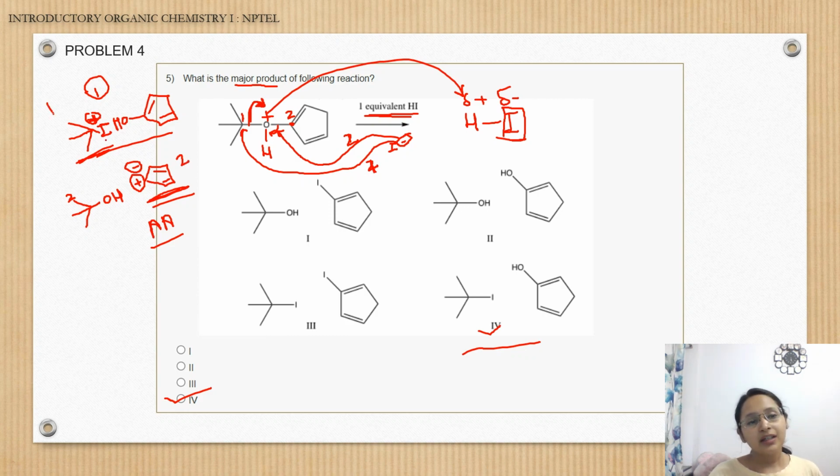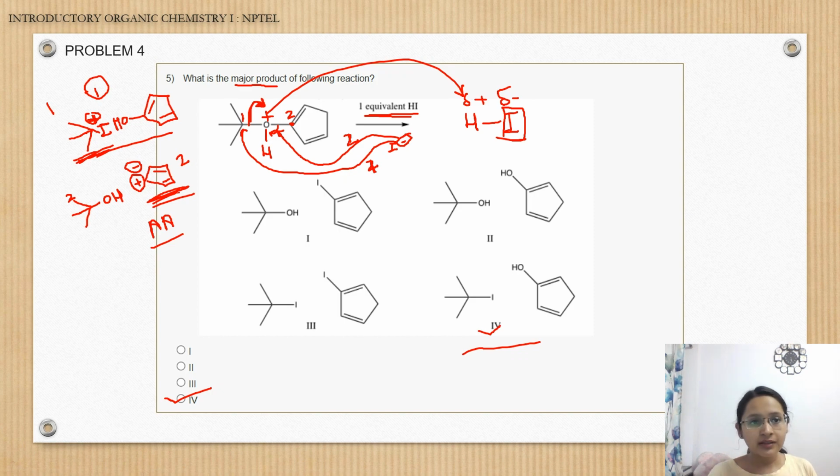But actually here the atomic radius of I minus will not play any role, because here also you have a cyclic system. So here you cannot say whether this tertiary butyl group is more bulky or this is more bulky, because you also have this cyclic system in hand, which is also a bulky group.